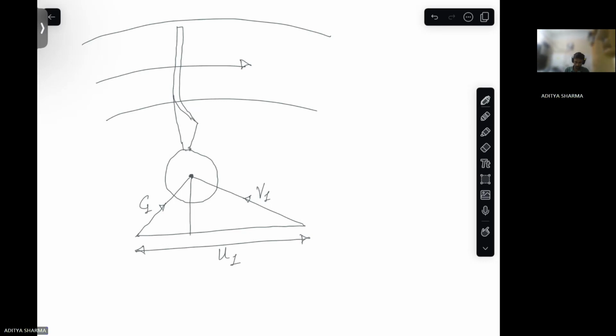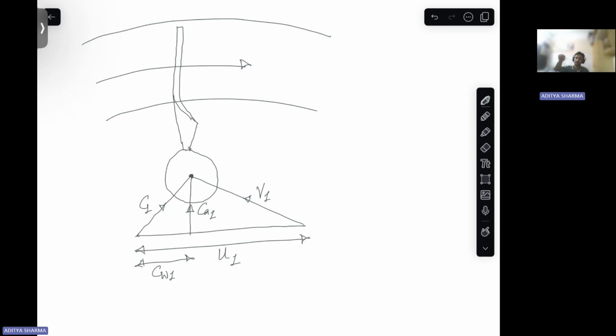Now if you split C1, it will have one component that is axial in direction, and one component that is tangential in direction. Now you can imagine what your axial direction and your tangential direction are.